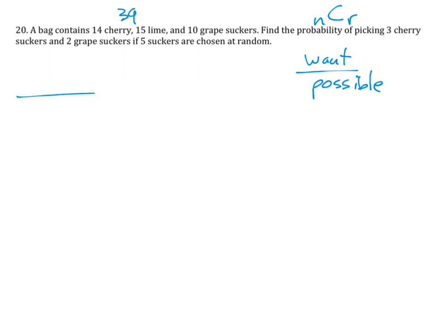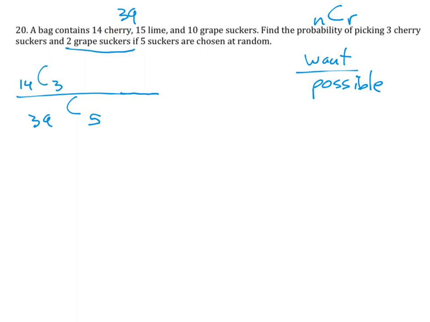Well, the possible ways to pull out 5 suckers out of a group of 39 is going to be 39 choose 5. On the top here, you need to figure out the number of ways to get what you want. The first part is we need 3 of them to be cherry, and there are 14 cherry, so we're trying to choose 3 of 14.